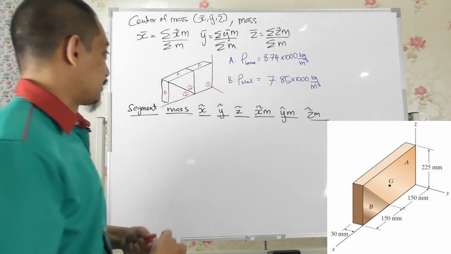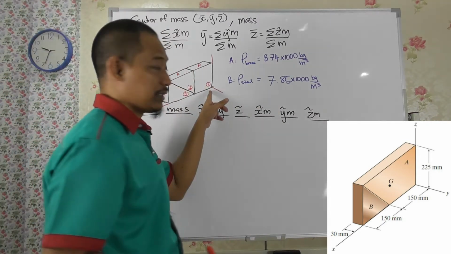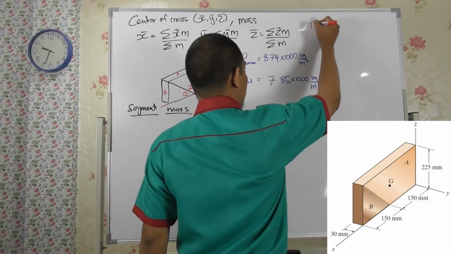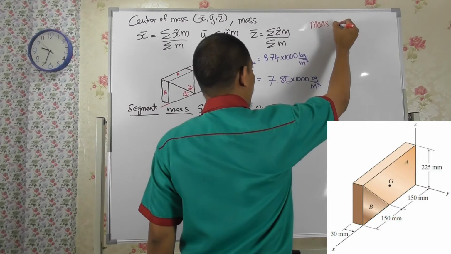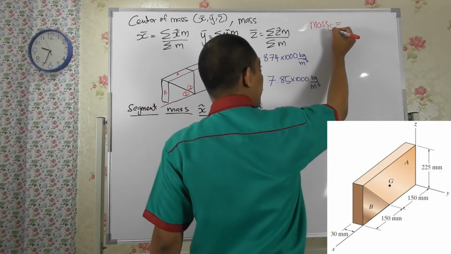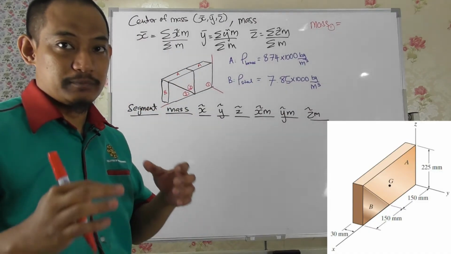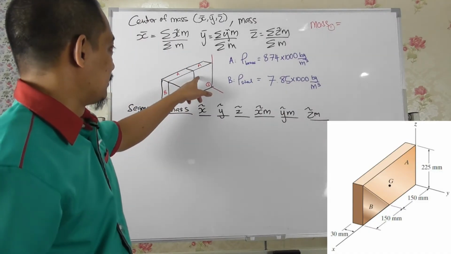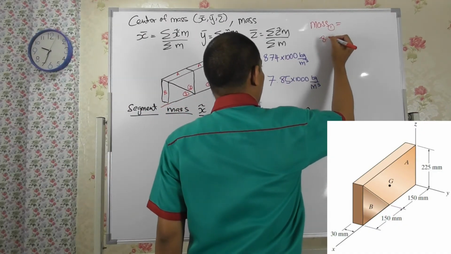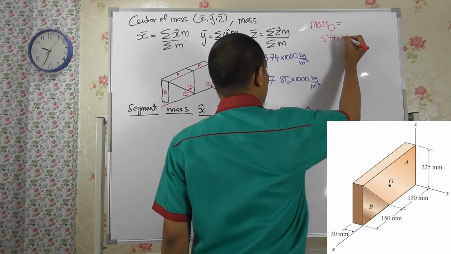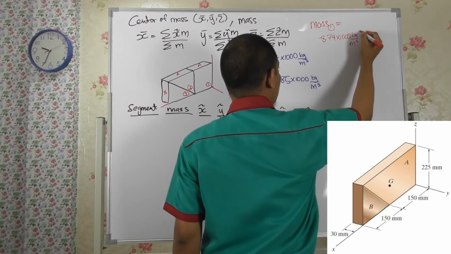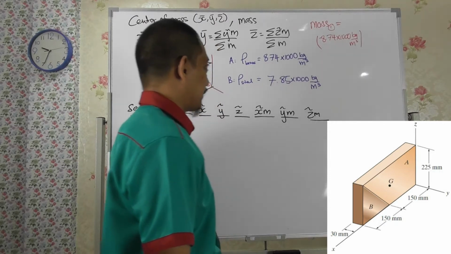So let's take a look at this one. If I consider block number 1, segment 1, what is the mass of segment 1? Basically the density is 8.74 times 1,000 kilogram per meter cube, and I just need to multiply by the volume in meter cube.